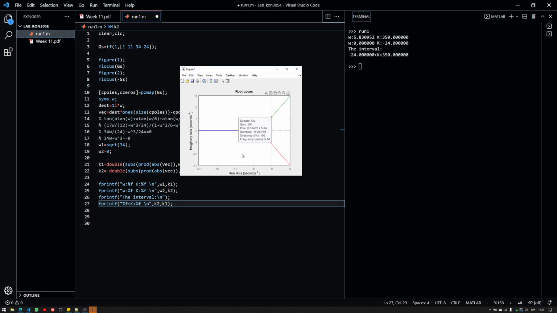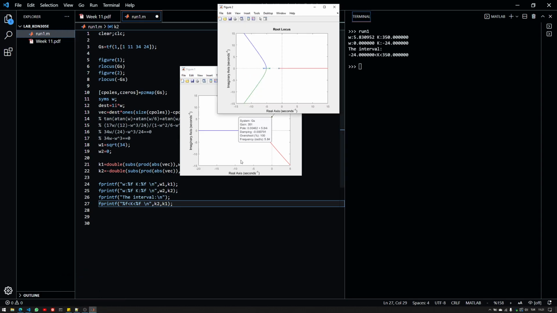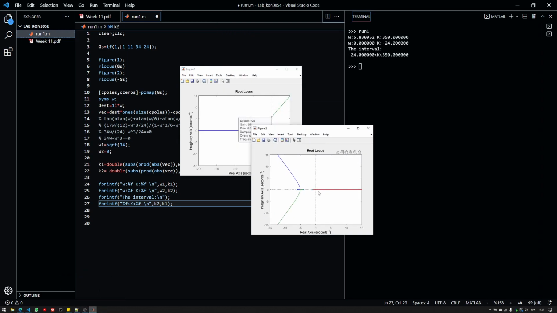And we also have a crossing. By the way, the frequency here is the same frequency that we've calculated. This frequency is basically the imaginary part of our pole here. And on the negative root locus, we have a zero crossing, which appears to be at the value that we've calculated already. It seems here that we have 25, but in reality it is 24.